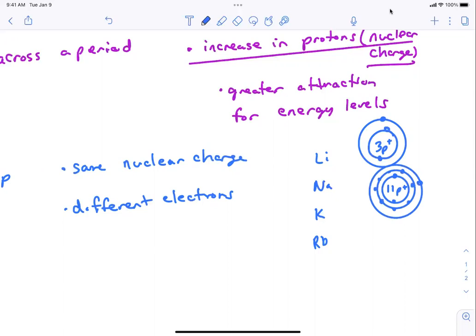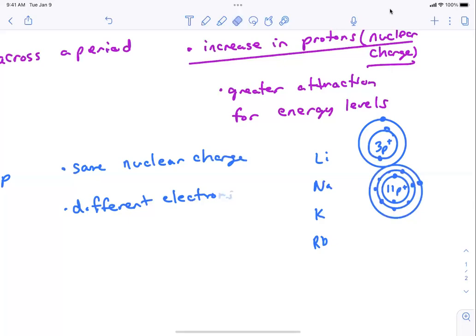So effectively, lithium, sodium, potassium, rubidium all have essentially one proton pulling on that one electron on the outermost shell. So the same nuclear charge is present there because the inner electron shells cause shielding.